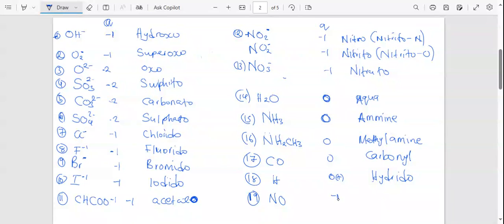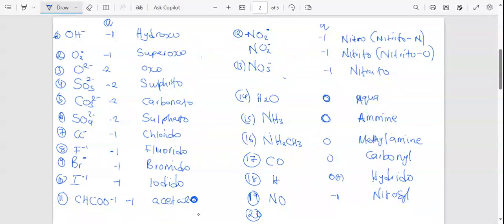I'll put a negative because of this oxygen here, which will donate some electrons, and you have been seeing how oxygen and nitrogen behave when they are making a bond. I'll call this one nitrosyl, just nitrosyl, because it was nitrate in the beginning. Remember, now it will be called nitrosyl.